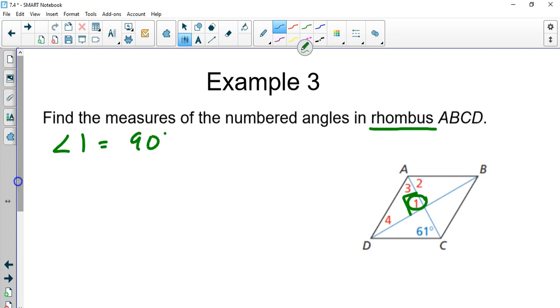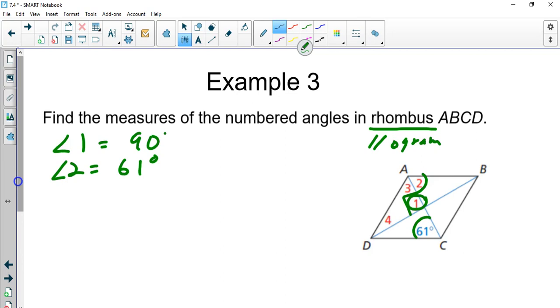All right? Now, since it's a rhombus, it's also a parallelogram. Okay? And the diagonals are transversals, which means we have alternate interior angles. So angle 2 is going to be 61 degrees because of the alternate interior angles.